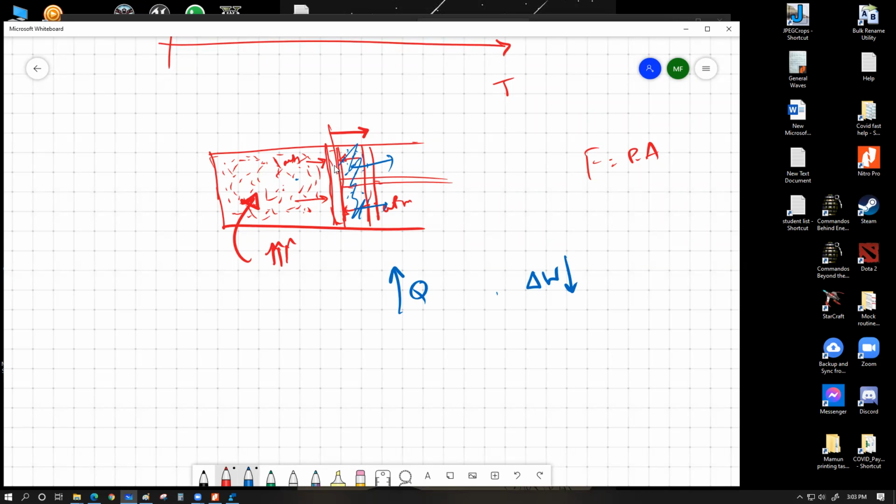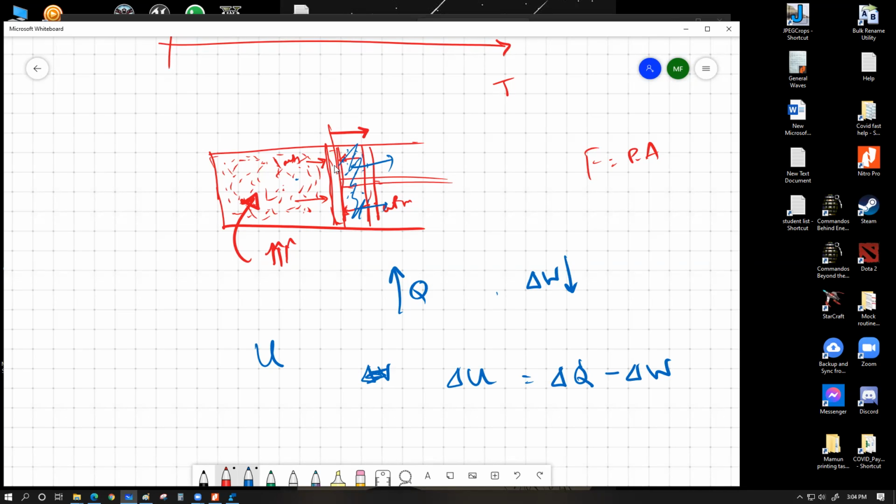The total amount of change of internal energy is usually represented by the symbol capital U. Change in internal energy, delta U, is given by delta Q in this case minus the work done against the atmosphere, because in this case work was done against the atmosphere.